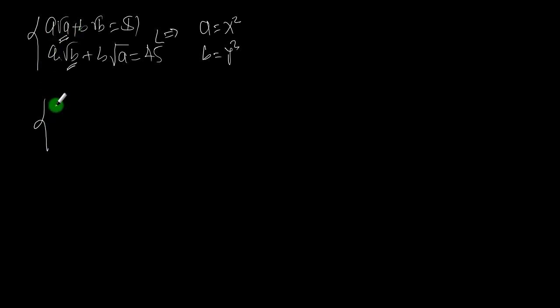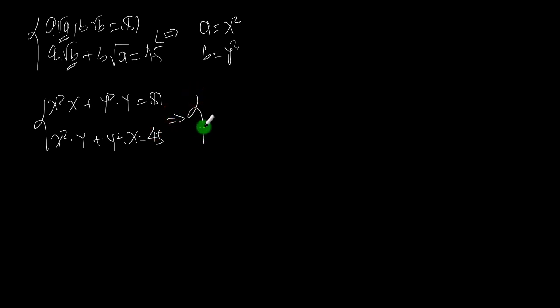So I'm going to have x squared times x plus y squared times y, and this is equal to 81. And the second would be x squared times y plus y squared times x, and this is equal to 45.